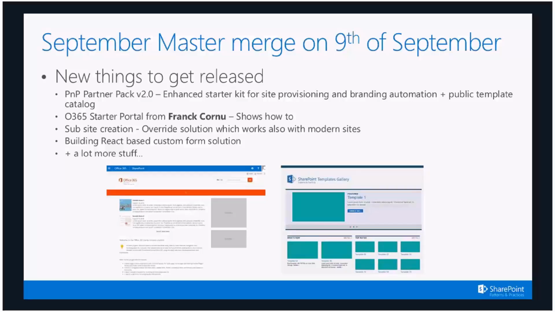It shows how to build custom portals in Office 365 using publishing sites, the PnP core component and the PnP packaging model to automate your deployment. It's using a lot of the other patterns within the PnP guidance as well. It's an awesome thing which we just merged earlier today to the dev branch.